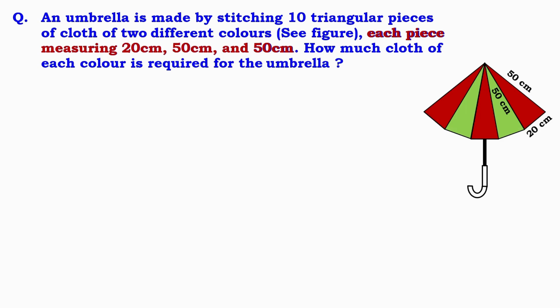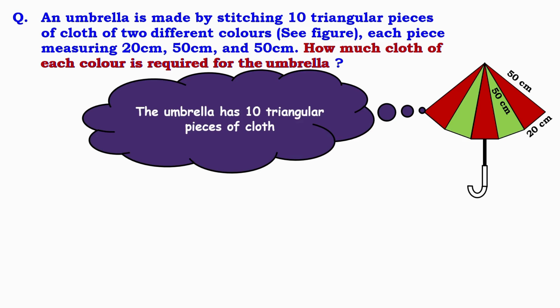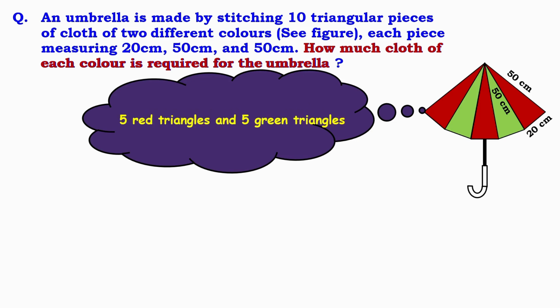So there are 10 triangular pieces of different colors, and each triangle has sides 20 centimeter, 50 centimeter and 50 centimeter. We need to find the cloth required. As I already explained, the umbrella has 10 triangular pieces of cloth, so there are 5 red triangles and 5 green triangles.